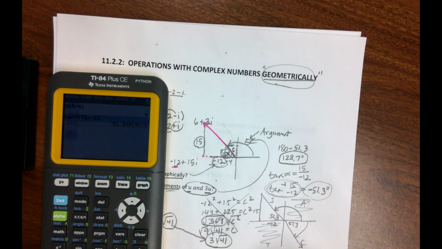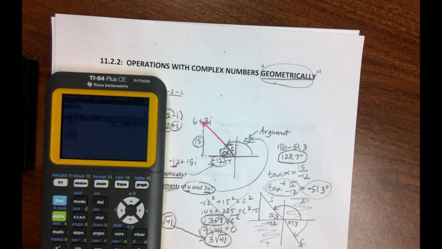So cosine of theta would be adjacent over this crazy thing. So I might want to rethink this and use the smaller triangle, but let's just go for it.